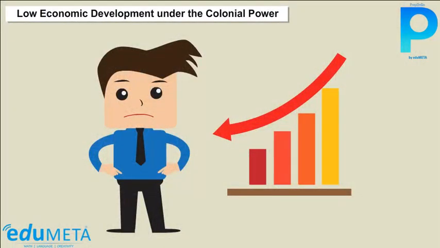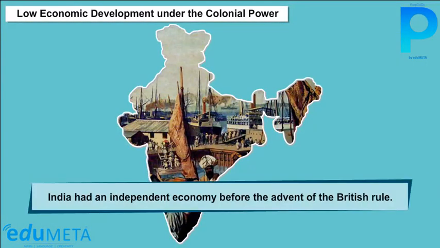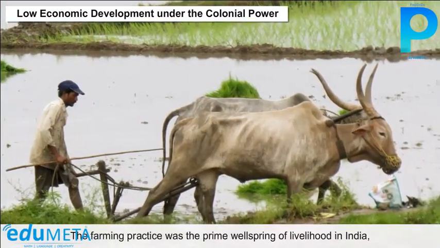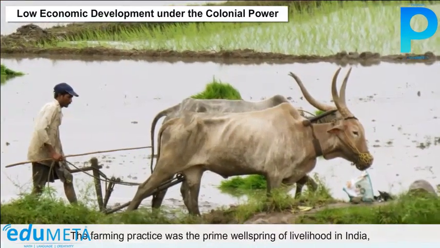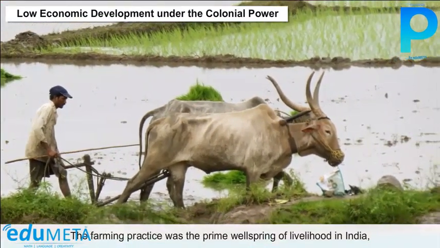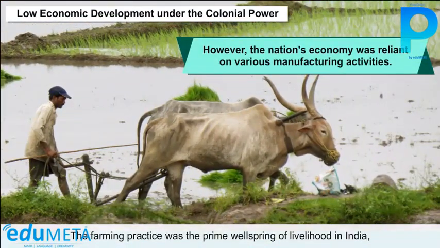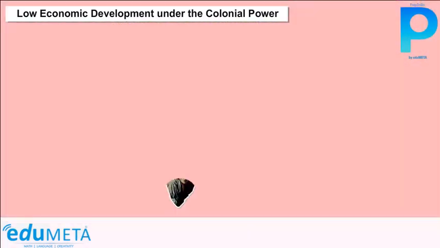Low economic development under the colonial power. India had an independent economy before the advent of British rule. Farming was the prime wellspring of livelihood in India. However, the nation's economy was also reliant on various manufacturing activities.